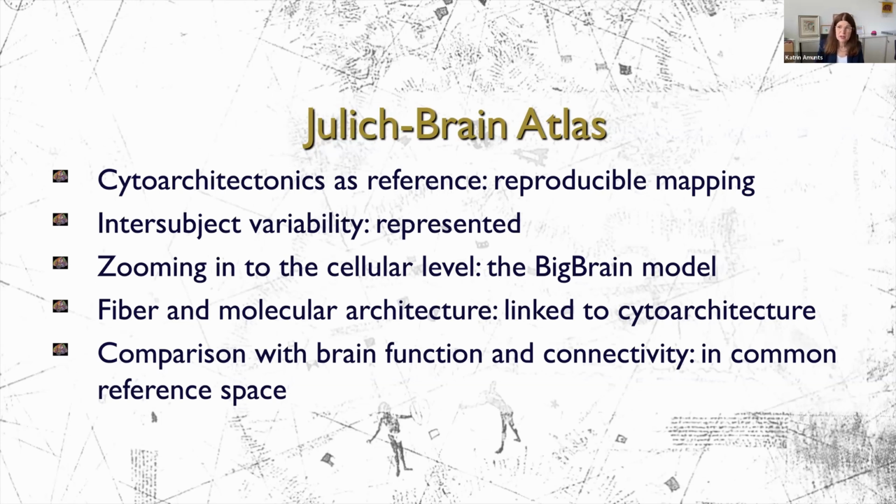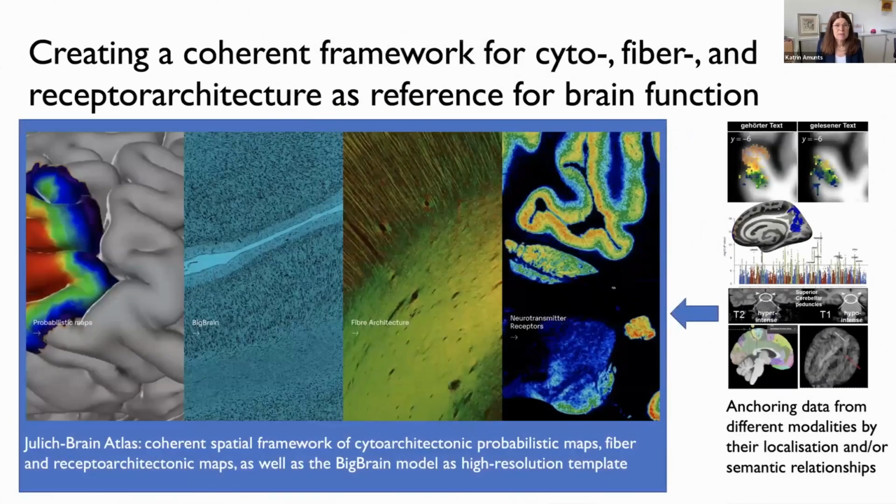And this requires to bring everything into one common reference space. So where we are starting with the Julich-Brain really is creating a comprehensive and coherent framework of the cytoarchitecture, the fiber architecture, and the receptor architecture as a reference for brain function.